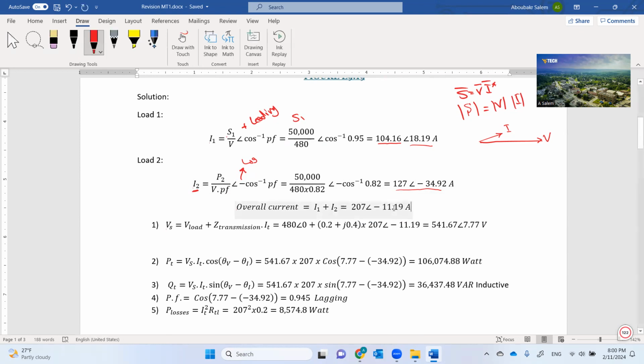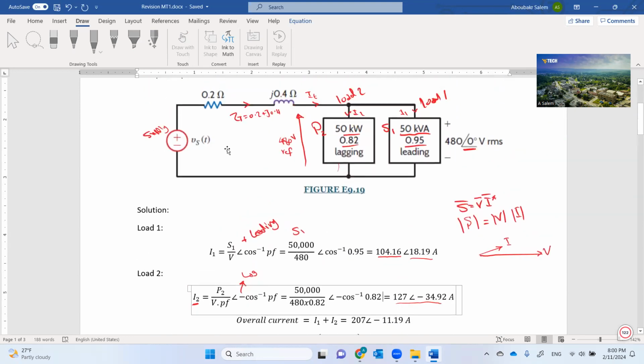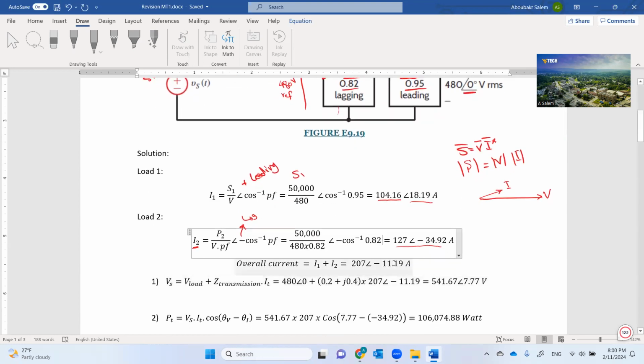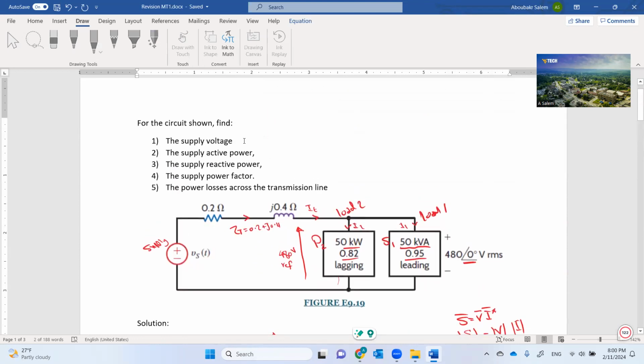This is the supply current, at angle minus 11 degrees. Since we don't know the voltage angle here, we cannot say whether the power factor is lagging or leading before knowing the angle of Vs, the supply volt. So let's now solve the first part, the supply volt we needed.